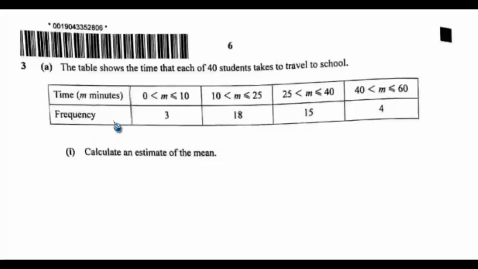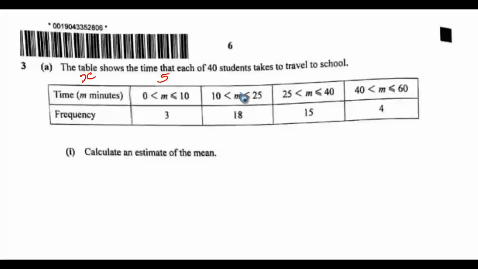If you want to get the estimate of the mean, you need to firstly find the average of each of the class intervals. Let's denote that by x. The average of these will be 10 add 0, that remains 10, then 10 divided by 2, that will be 5.